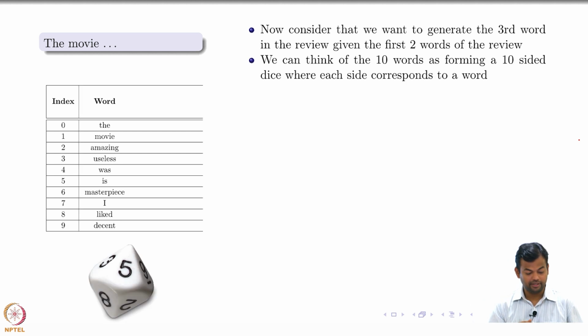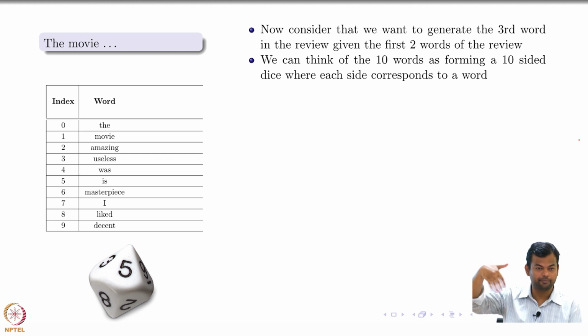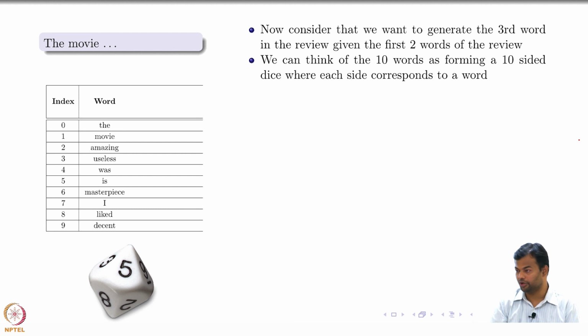So you could think of this as a 10-sided dice, and what you're going to do is roll this dice and pick the word which came at the top. However, unlike a fair dice where all the sides are equally likely, what kind of dice do you have here? You have a biased or loaded dice where the probability of a side showing up is proportional to the probability that you have computed in your table.